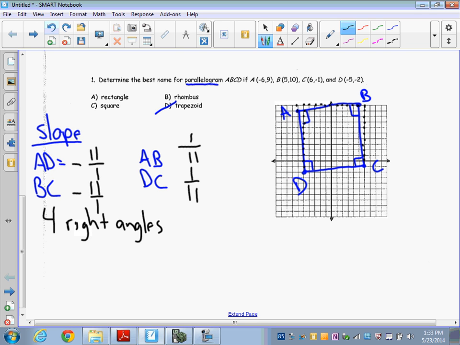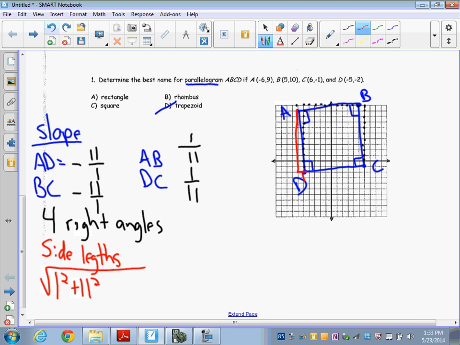We also need to verify that the sides are all equal. Well, since we already have this, 1 over 11, you should see that the side lengths are going to be the square root of 1 squared plus 11 squared. So remember, this distance here is 1.